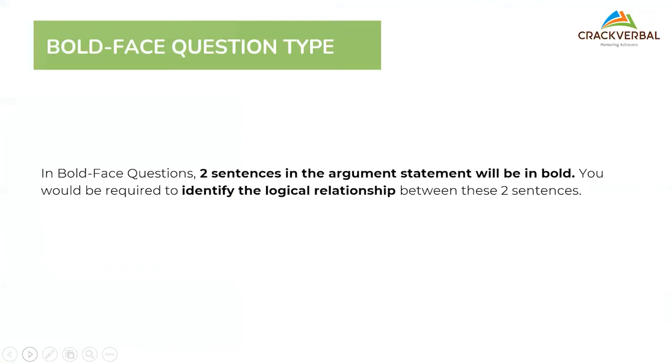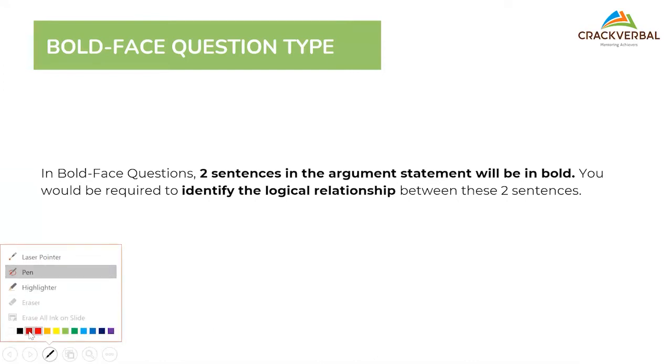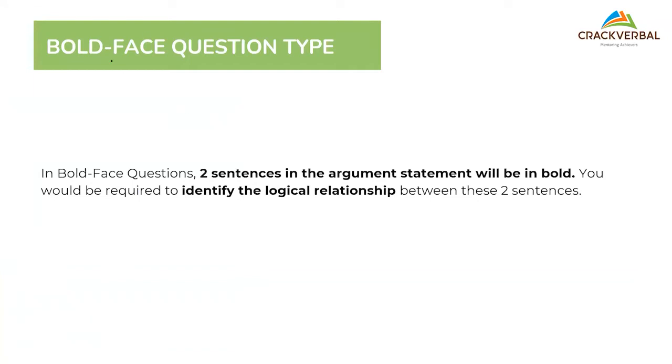Let's start. Now, when we talk of boldface questions, the word is nothing but what is in bold is what we are looking at. So in this, you will have a paragraph, a question body per se. I will show you a question body in which two sentences of the question body, the argument, will be in bold.